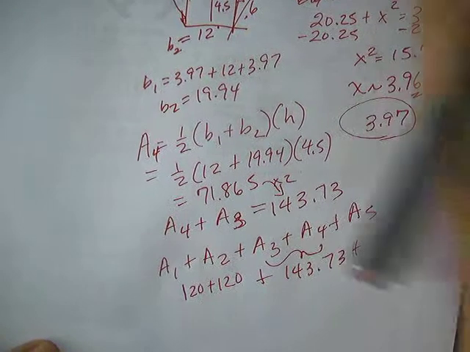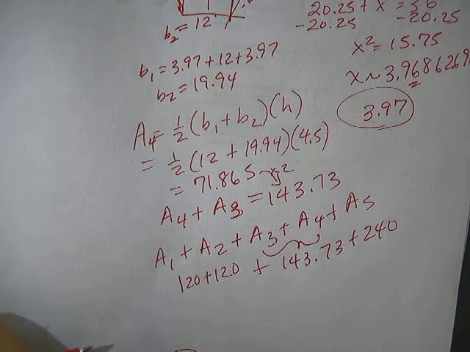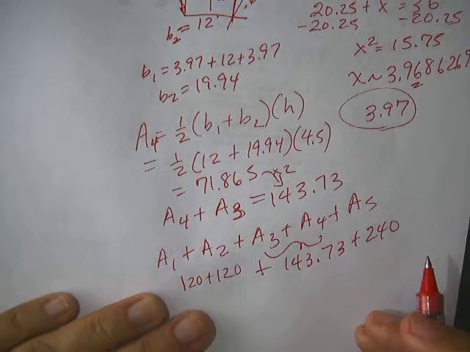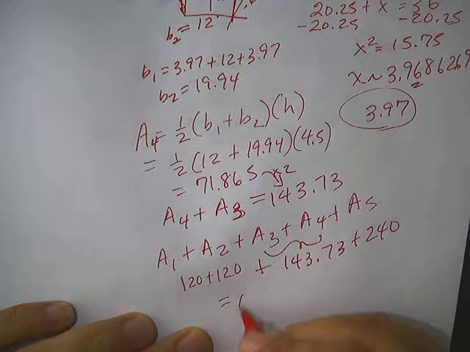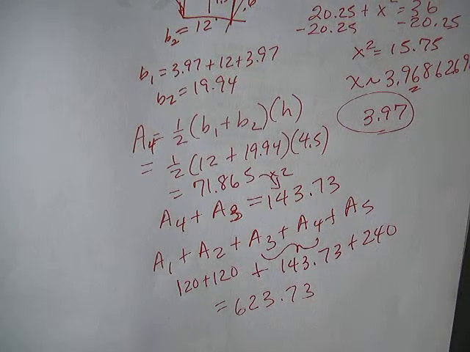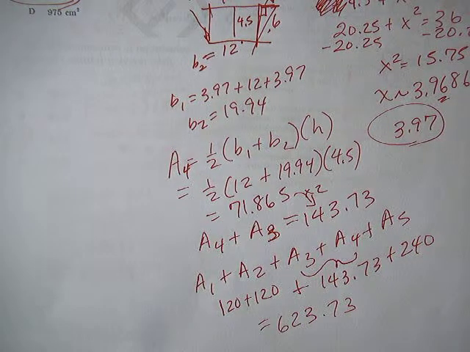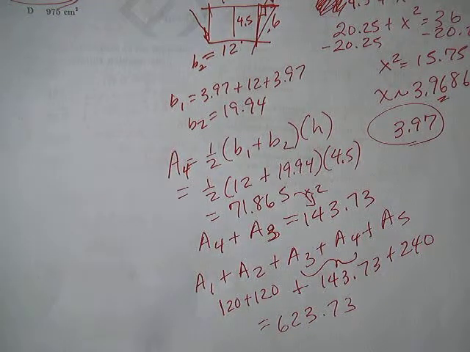And we said A5 was really easy, it was 240. All right, so using my calculator, I get 623.73, which is going to be very close to C in this instance. And C is the correct answer.